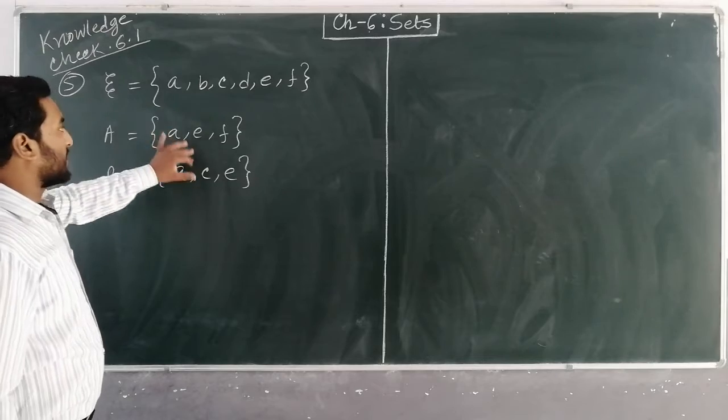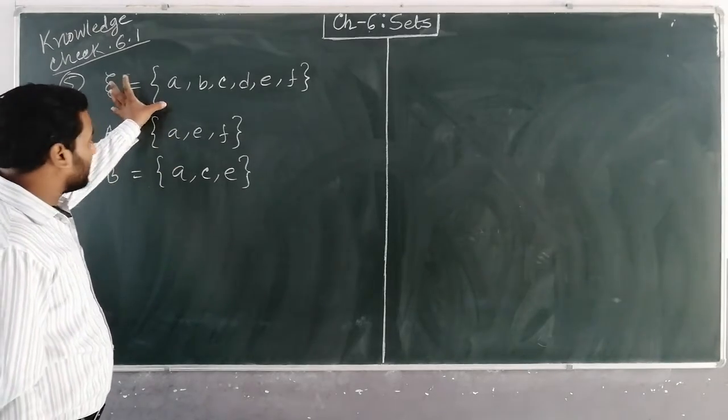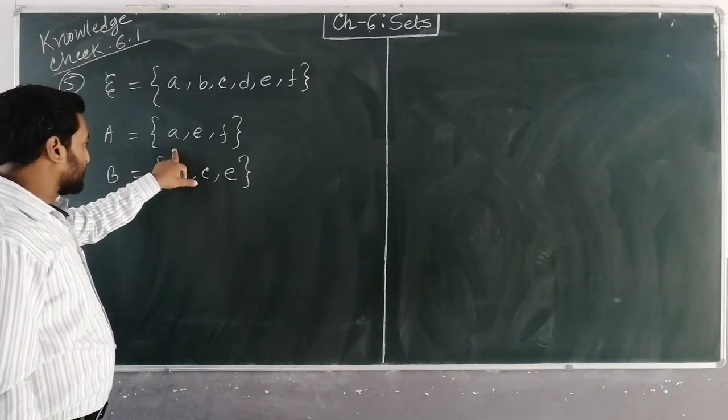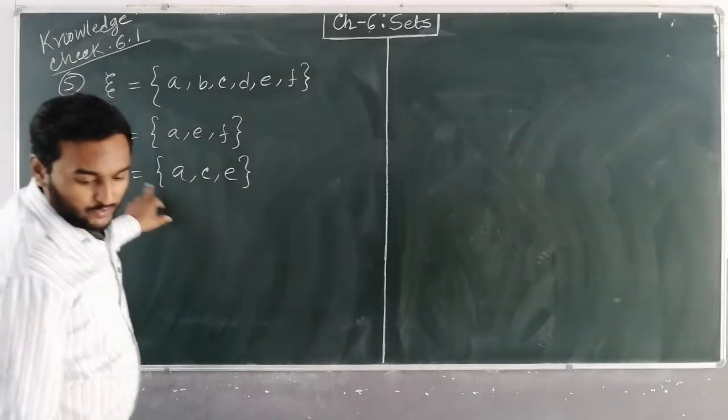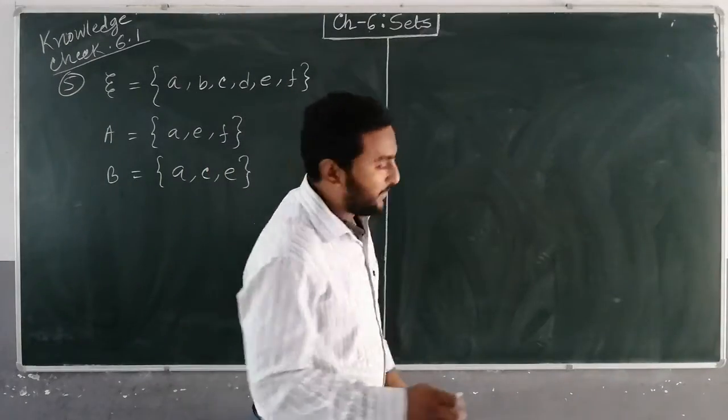Okay, these three sets are given: the universal set, A and B. Now you have to prove the first part. Okay, you have to verify.